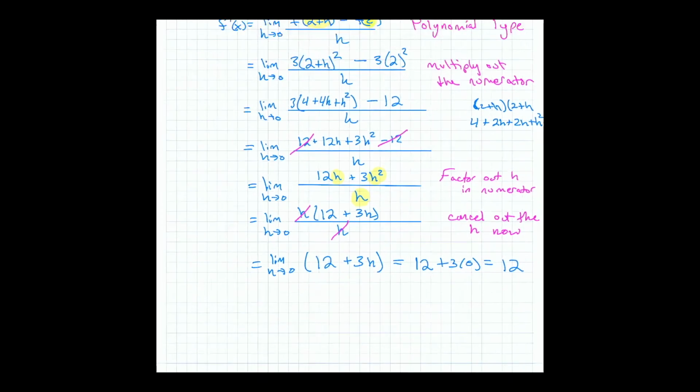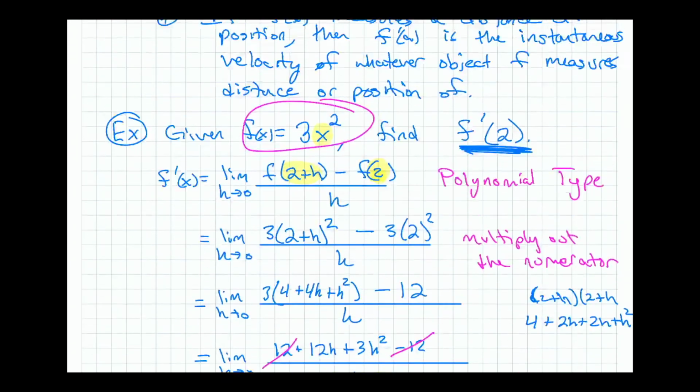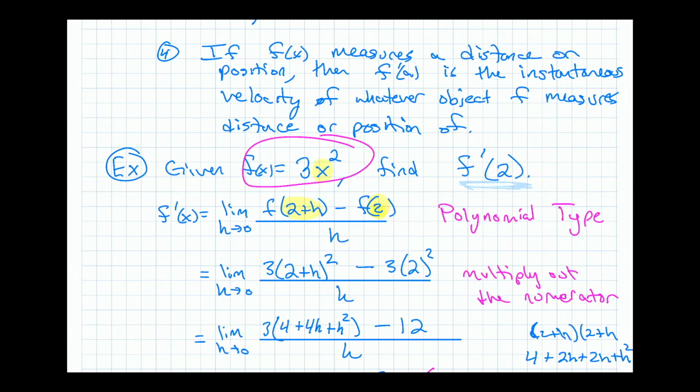So what did we just do? Well, mostly what we did was we did the derivative here. Also, wait, come back here to the very top. I was supposed to be evaluating f prime of 2, and I did, but I didn't call it that for some reason. Hold on. This should have been 2, right? We were calculating f prime of 2 the entire time.